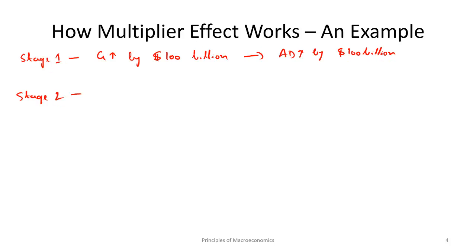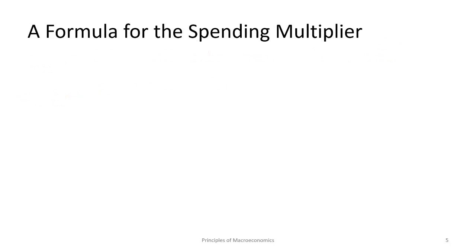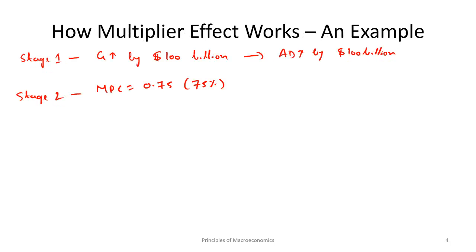Let's assume that our MPC is 0.75 or 75%, which means that we'll be spending 75% of our income, so people are going to spend 75% of that $100 billion.